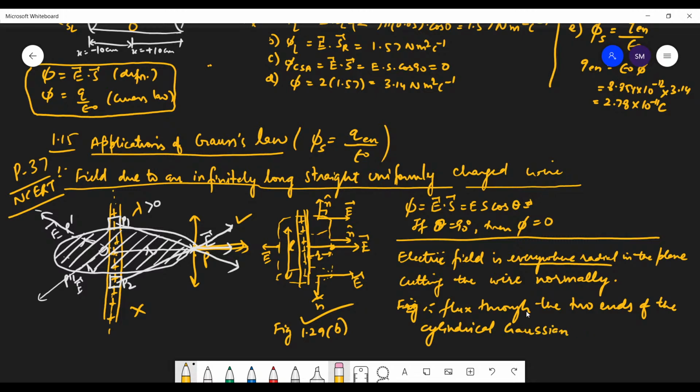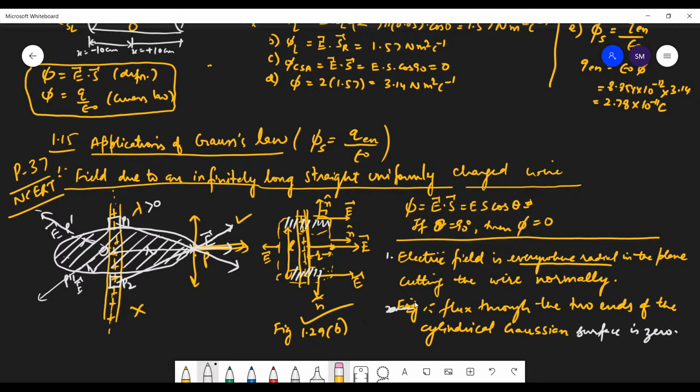Both the ends of this, this end and this end, the flux through them is 0 because the angle is 90 degrees. I have already discussed this.